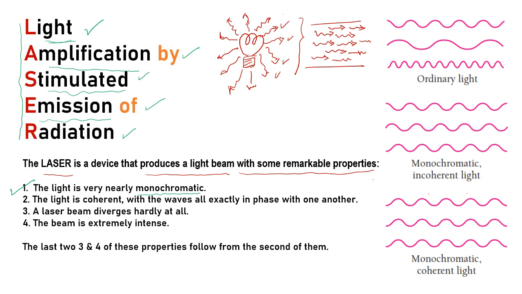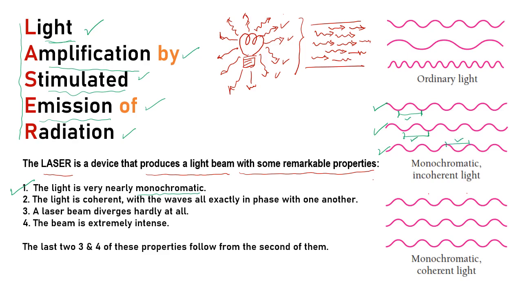If we have a beam of light, then each and every ray of light in the beam has the same wavelength. Its wavelength is from here to here, here to here, here to here, all these are the same.